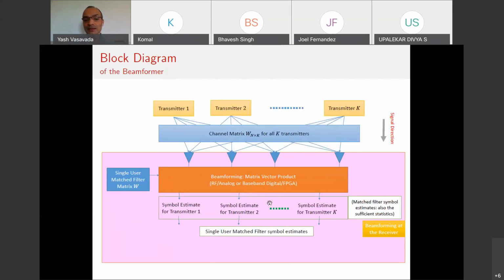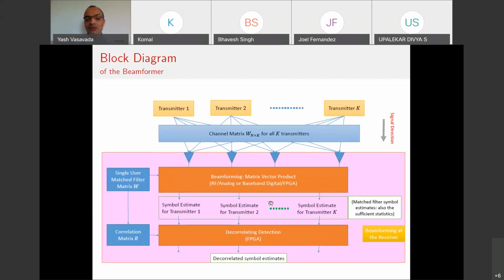What type of performance do we get, versus what happens if we do decorrelation, versus what happens if we do MMSE. That will give us a sharper insight, a clearer understanding of the benefit that we are getting by putting this additional linear algebraic processing at the output of the SUMF. So that is what I would like to connect this slide to.